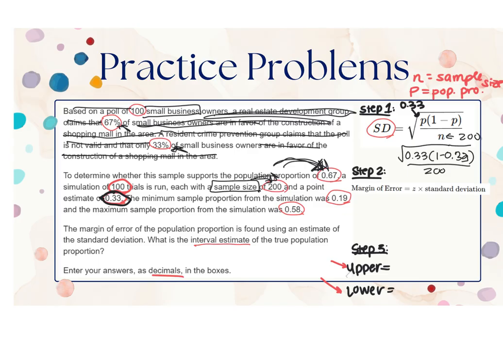And when we do that, we get our standard deviation is approximately 0.03325. Now, step 2, we want to find our margin of error.